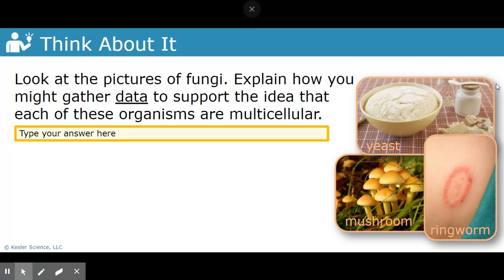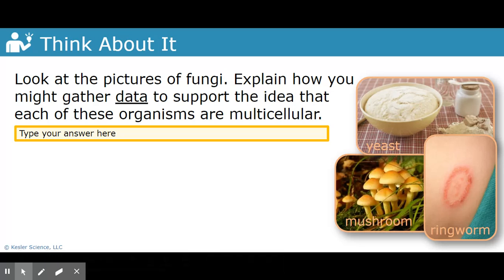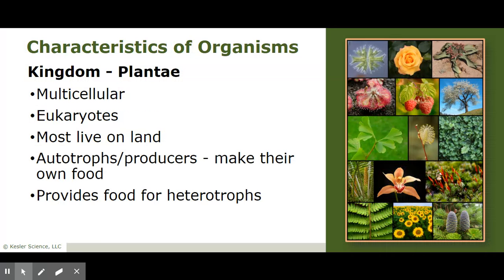So I want you to look here and tell me, how would you be able to tell that this is made out of more than one cell? You have the ringworm, you have the mushroom, and then you have the yeast. How would you be able to tell me that it's made of more than one type of cell?